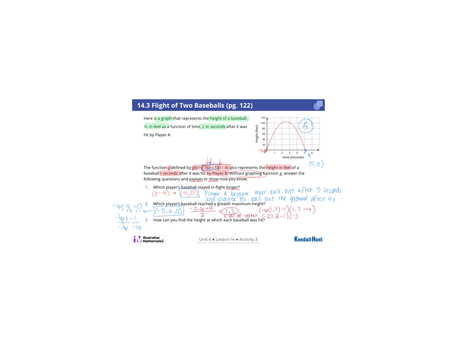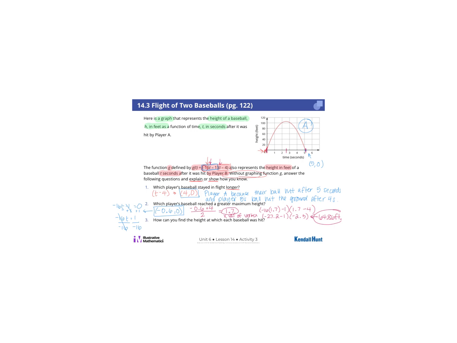Okay? So negative 16 times 1.7 gives us negative 27.2 minus 1, and 1.7 minus 4 gives us negative 2.3. Go ahead and type this in your calculator exactly the way that it's written with parentheses and everything. And then you should get 64.86 feet. Okay, so that is player B. And then player A, we can see this is about at 5, that's close to 0.